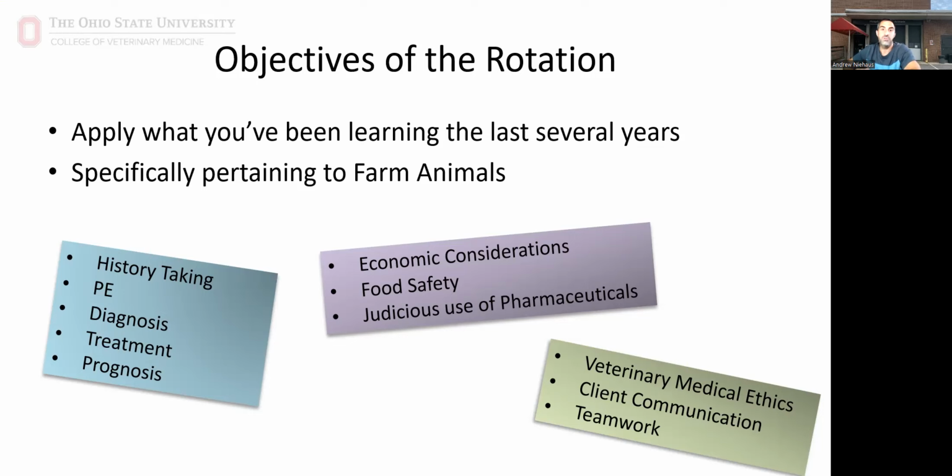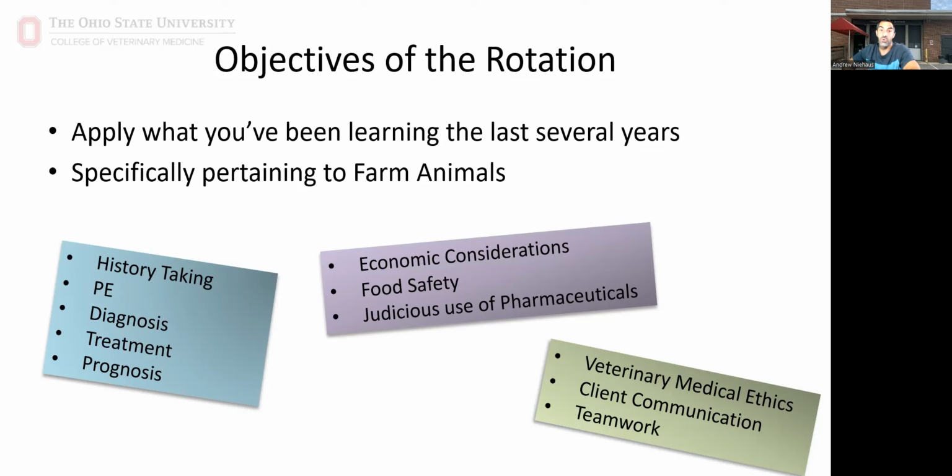In farm animals, we frequently have a bigger emphasis on economic considerations and making a profit for our clients. Certainly food safety is a huge concern, along with judicious use of pharmaceuticals, which intertwines with food safety and drug resistance, et cetera.